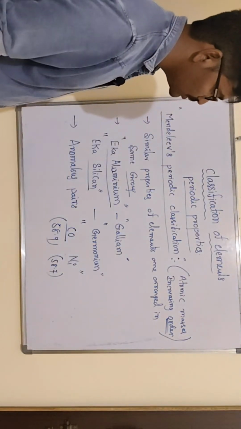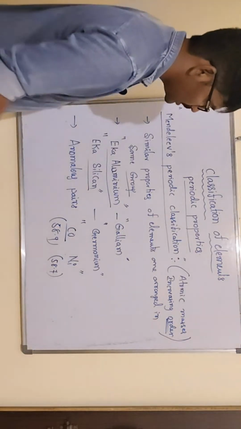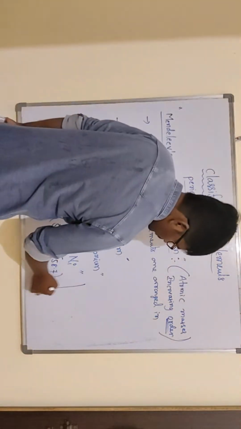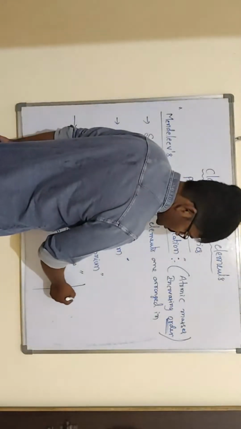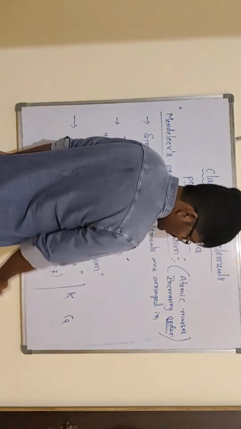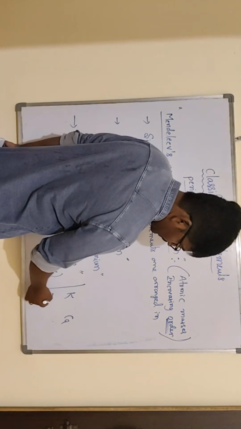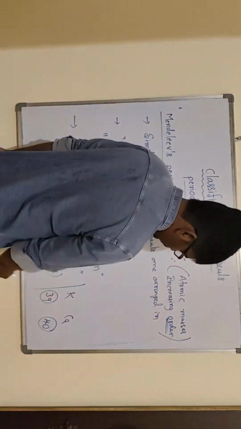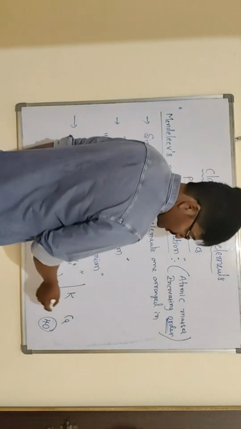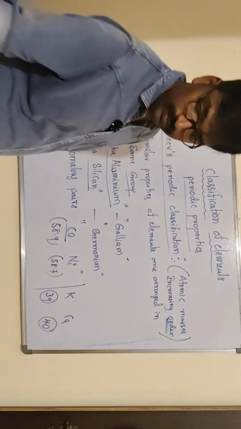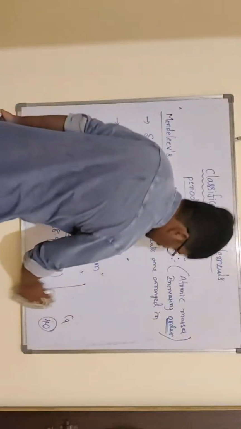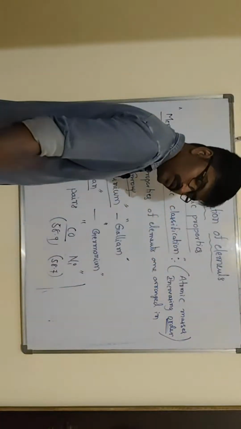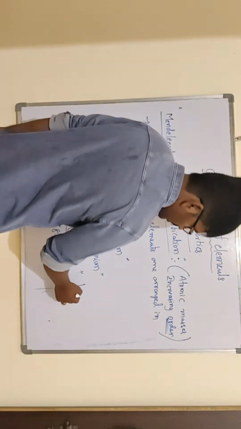Then one more we can observe: argon and potassium. Argon is arranged before potassium. Argon has atomic mass 40, potassium is 39.